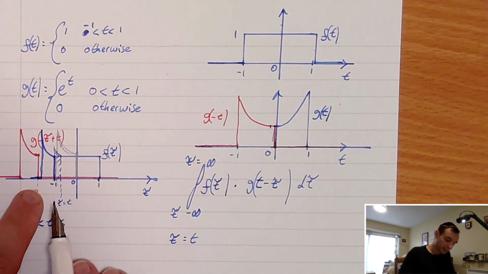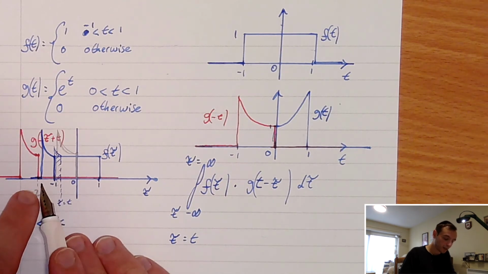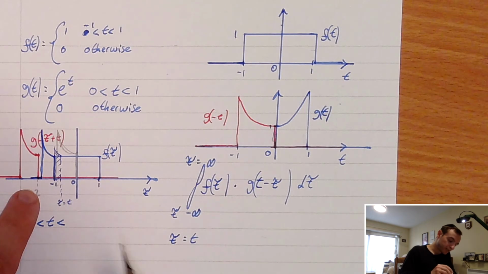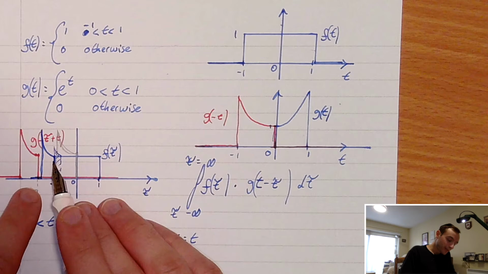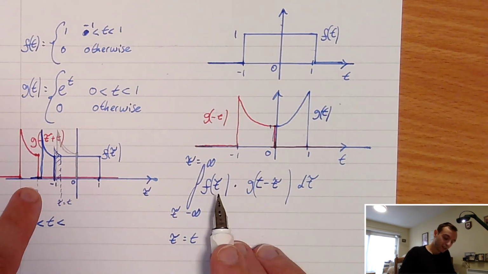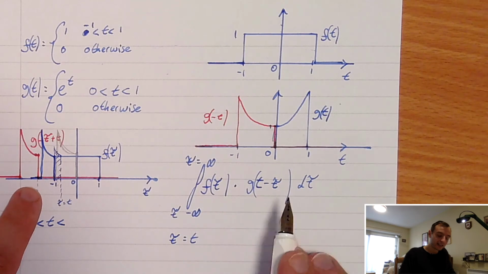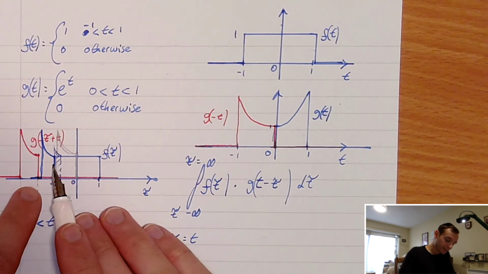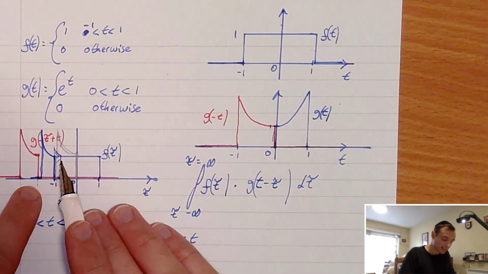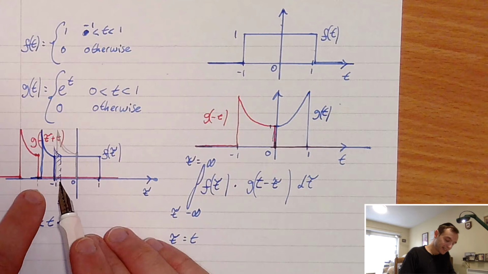We're not going to be taking the limit between t and t minus 1. Why not? Because, and this is explained a lot better on the MATLAB video, the product of those two functions, f of tau and g of t minus tau, is only going to be consistent between t and minus 1.